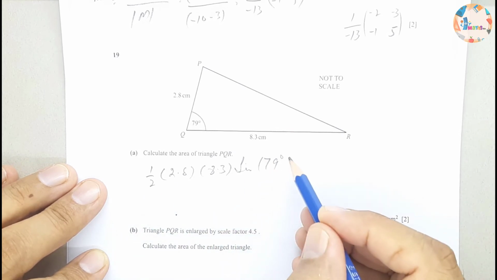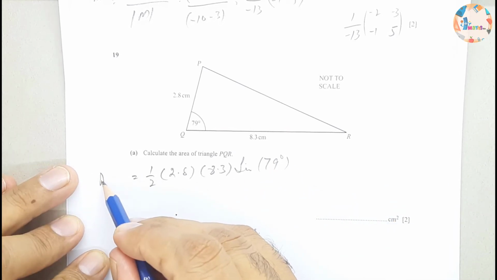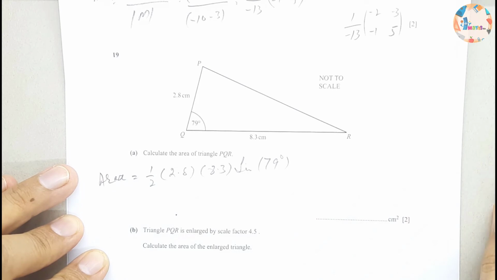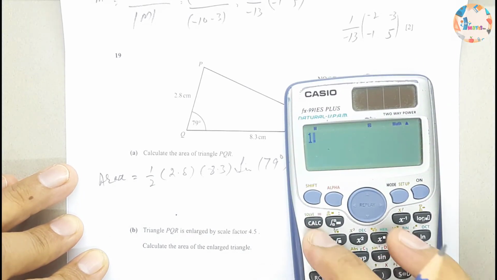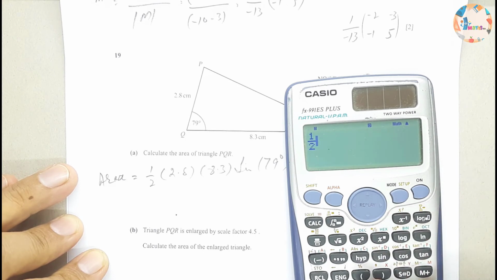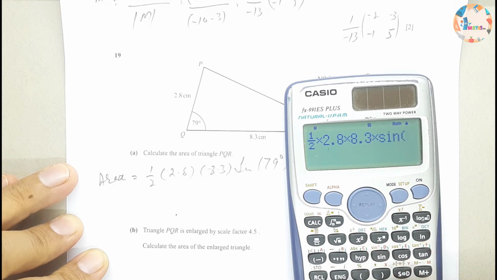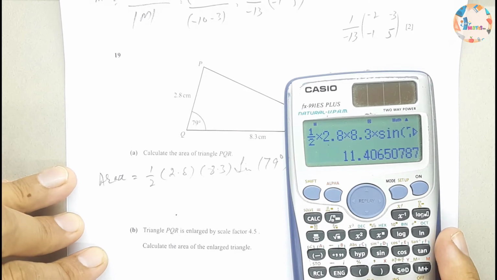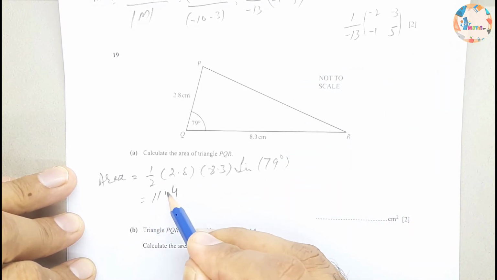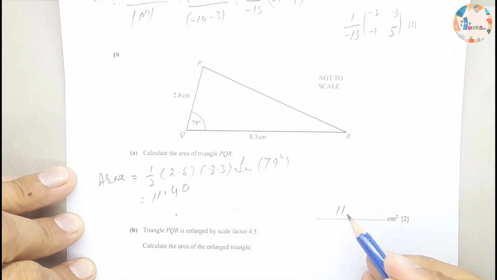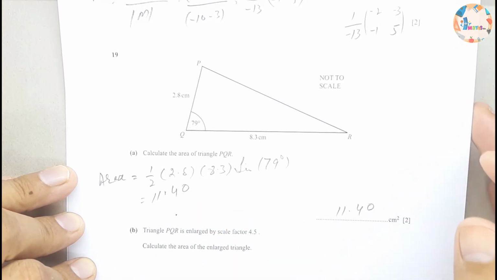So this will be the area. So 1 by 2 into 2.5 into 8.3 into sine of 79 will give us 11.40. Answer will be 11.40.